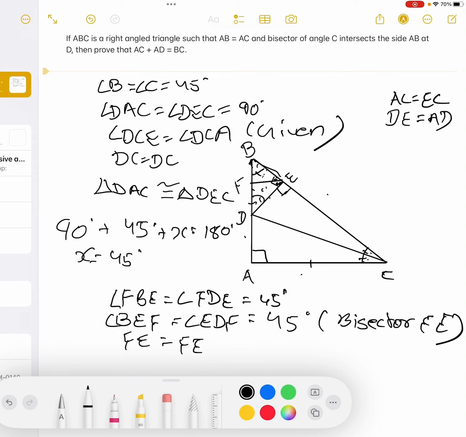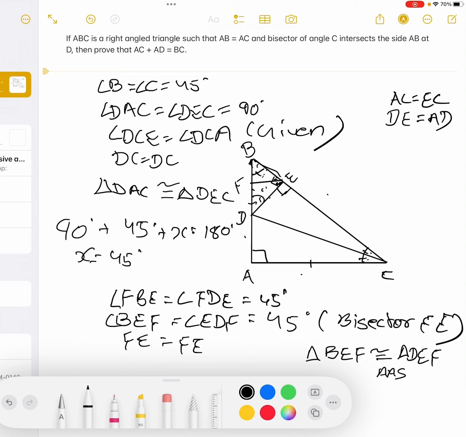So when this happens, through the AAS congruency rule, triangle BEF is congruent to triangle DEF by AAS rule.